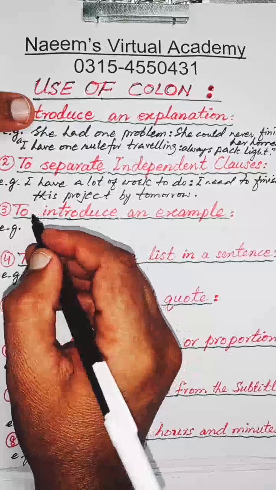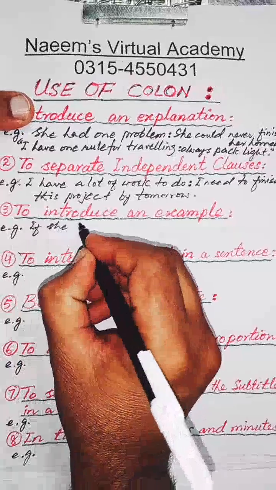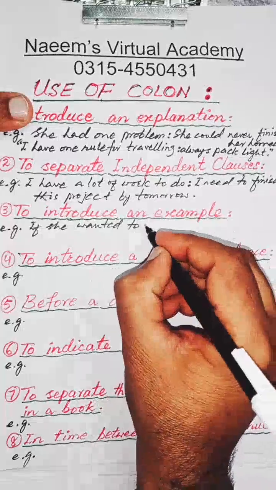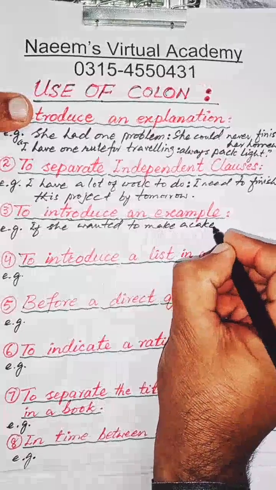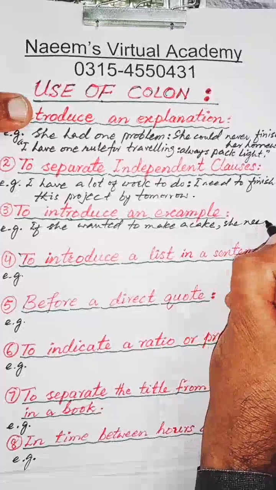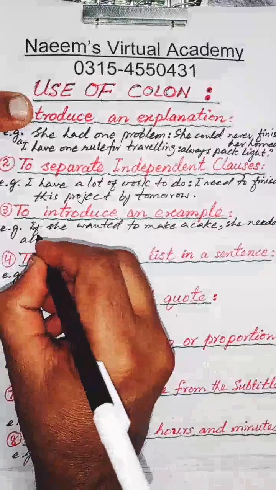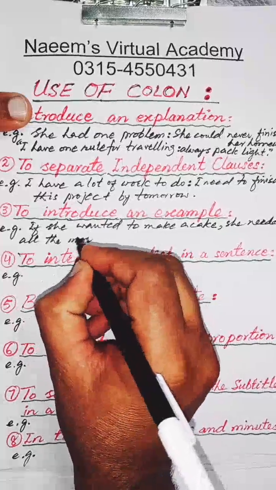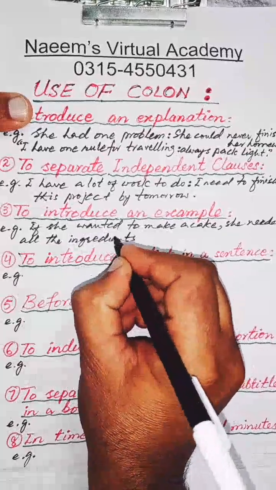Right? How? If she wanted to make a cake, comma, she needed all the ingredients. Which ingredients?